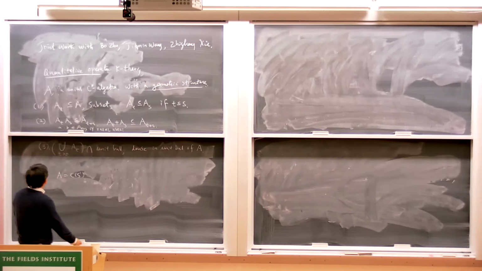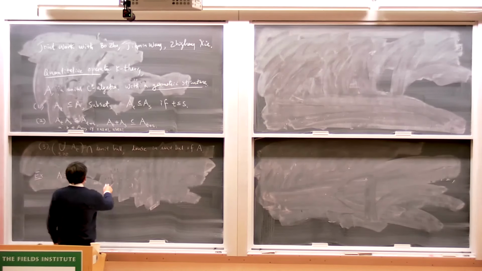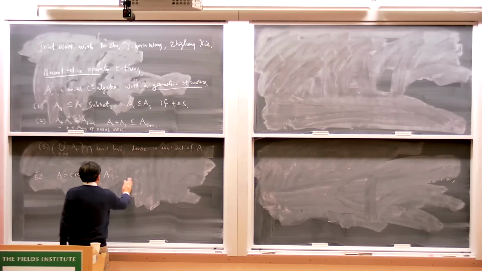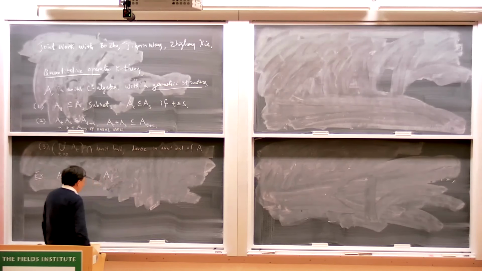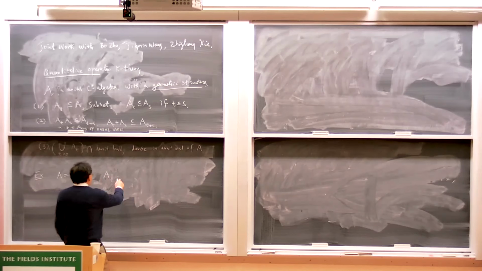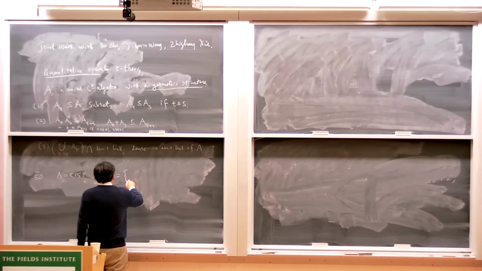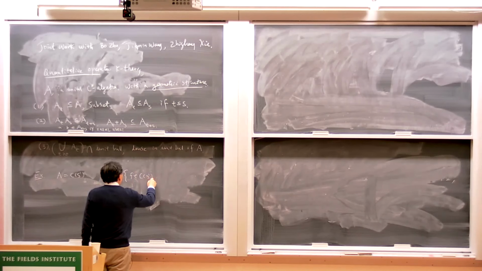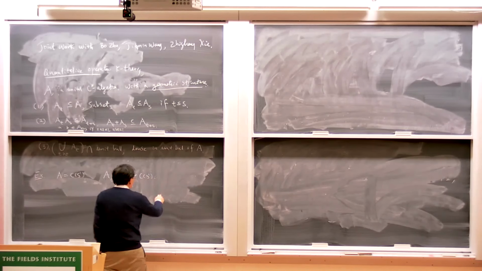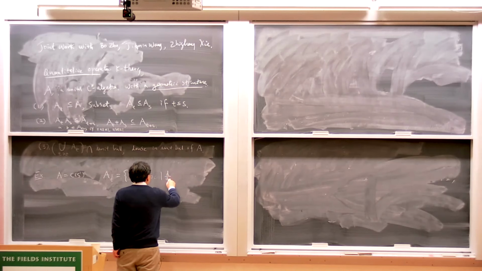So what is A_t? A_t is just going to be all functions whose derivative is bounded by t. Let's parameterize this by the angle theta.